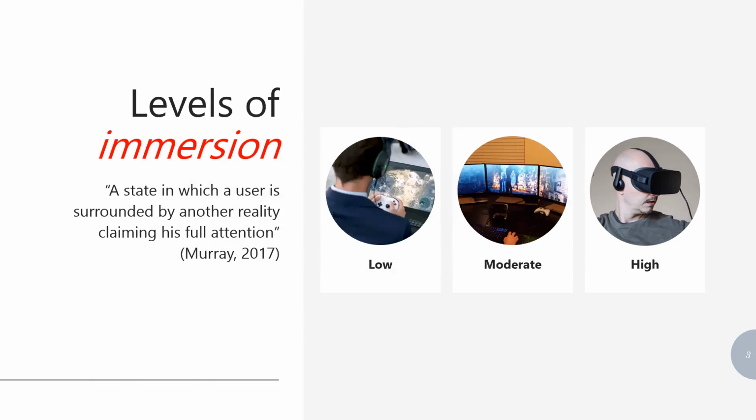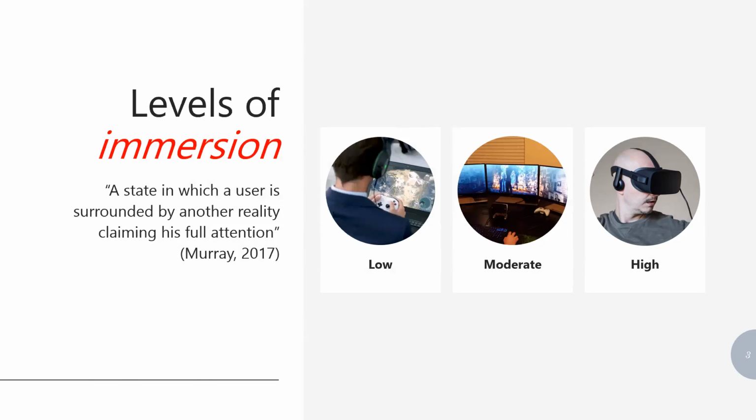Also, when the immersion is low, we have a computer monitor with limited field of view, meaning that the moment I turn my head to the right or to the left, I'm not immersed anymore in the virtual world, and I can actually see the real physical world.